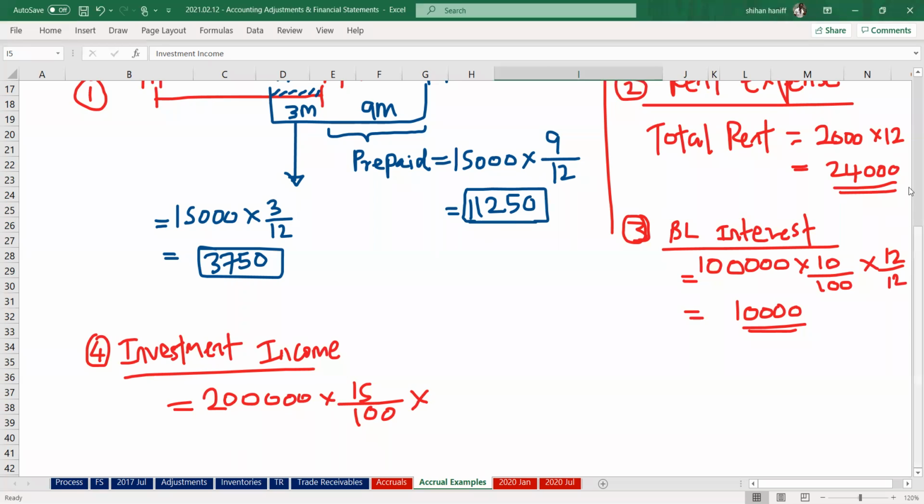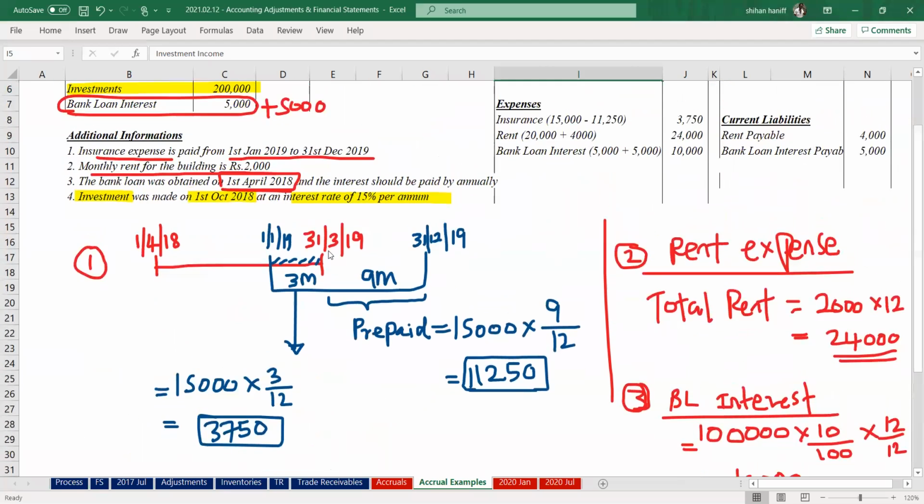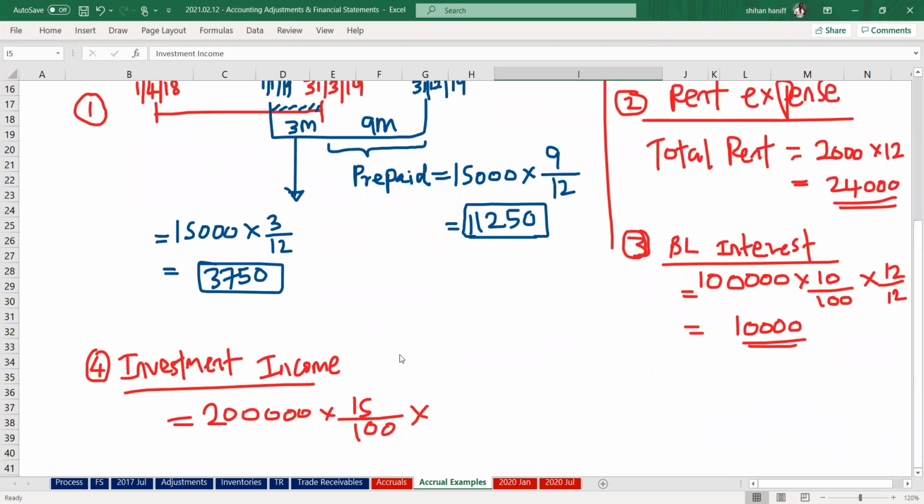The investment was made on 1st of October 2018 to the year end 31st March 2019. So you need to see how many months. October, November, December, January, February, March. There is 6 months. So 6 over 12.